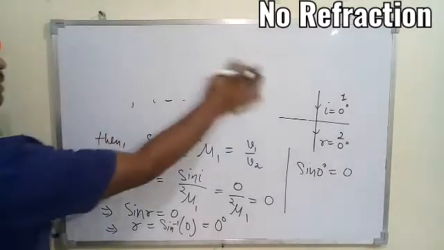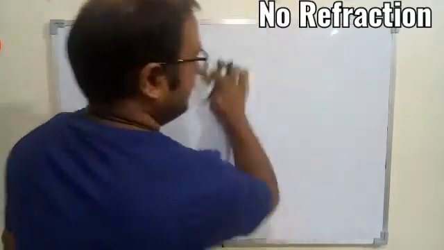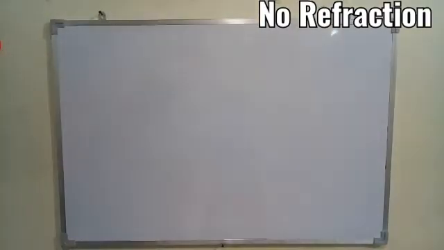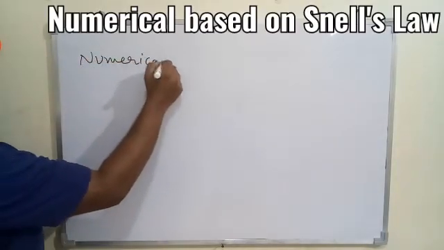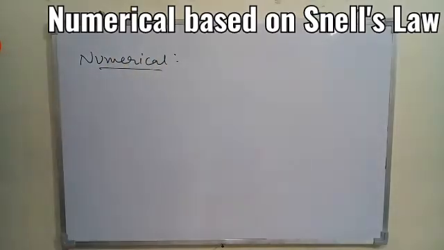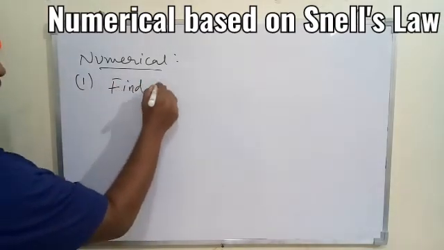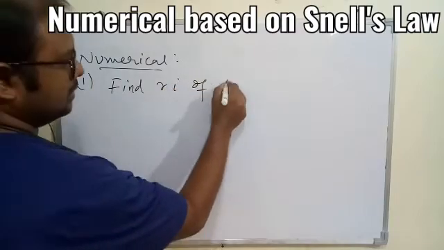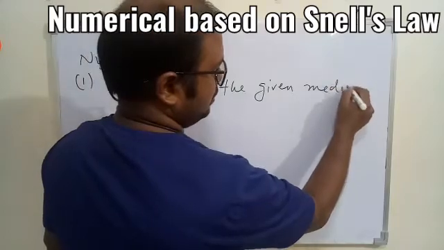Now, based on the concept, let's do one or two numericals also, that is also very important. Let's try a few numericals, just one or two, to understand the Snell's law equation. The very first question is, find the refractive index of the given medium.